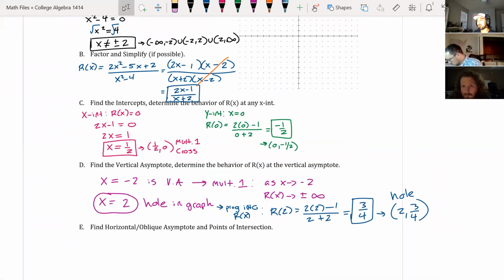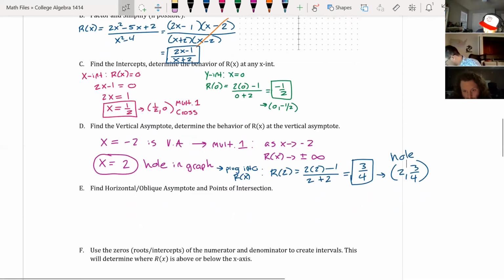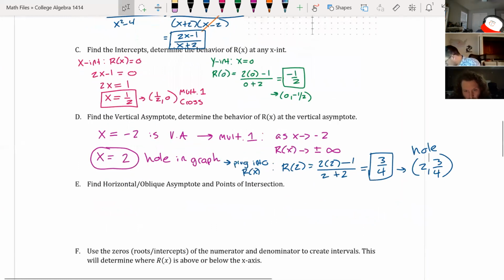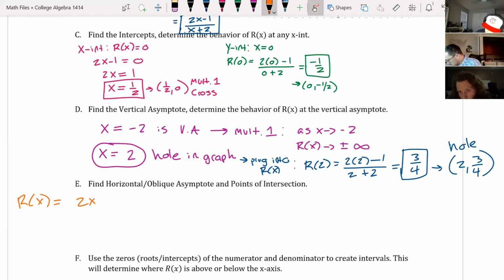All right. Next is the horizontal or oblique asymptote. So let's go ahead and look at the reduced function. So I'll rewrite it down here. Our new function is r of x equals 2x minus 1 over x plus 2.